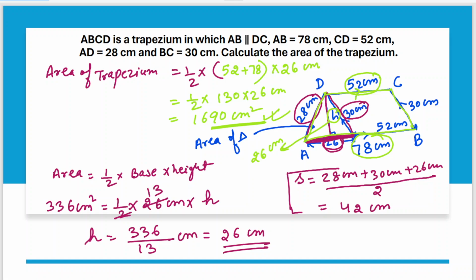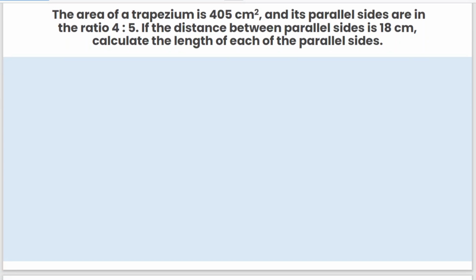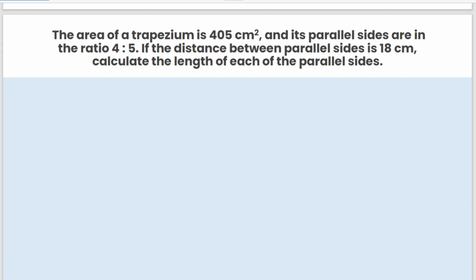Now the next question. Area of a trapezium is 405 centimeter square and its parallel sides are in the ratio 4:5. If the distance between parallel sides is 18 centimeter, calculate the length of each of the parallel sides. So how can we do that?